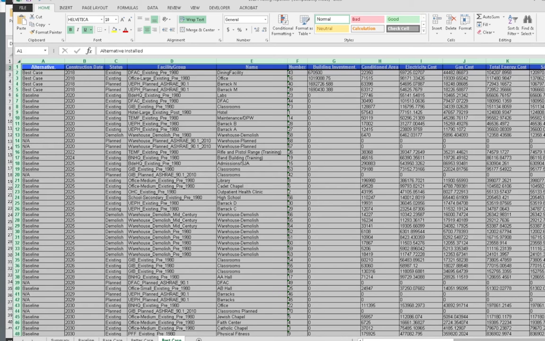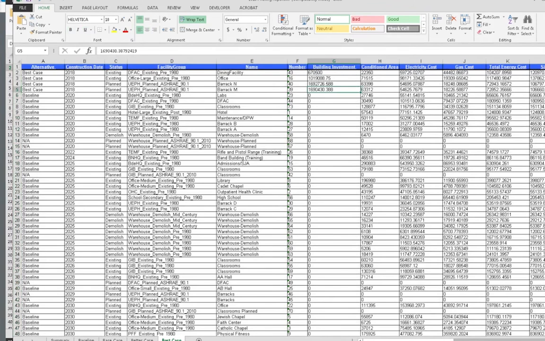And this is by building now, not by facility group. This is by building. Every building in here with building number. And in this case, for this planned, we looked at looks like 1.6 million in additional investment for Barrick M versus Barrick N. So we see how that plays out here.